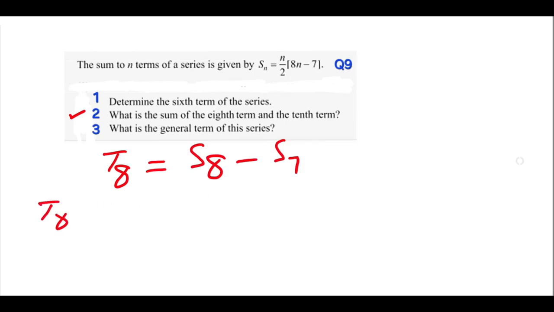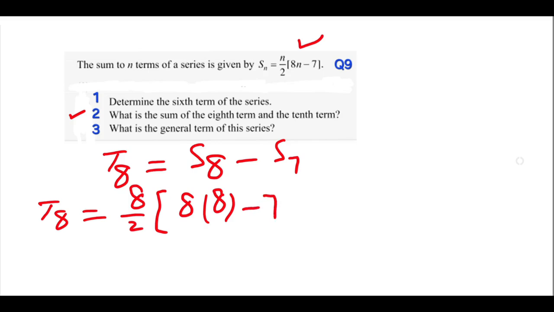So the S8, in place of n I'm going to put 8 in the sum formula, so it becomes 8 over 2 bracket 8 multiply 8 minus 7, minus S7.